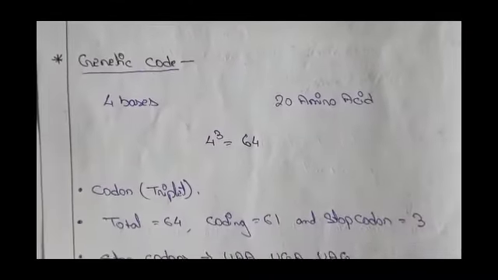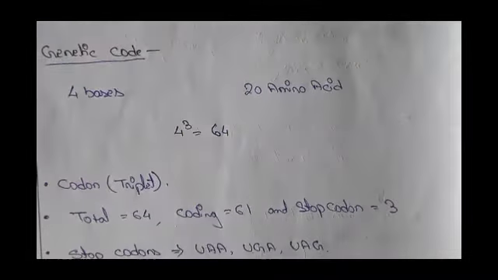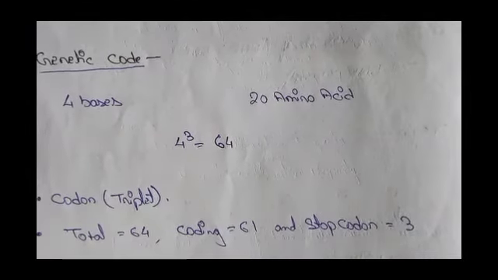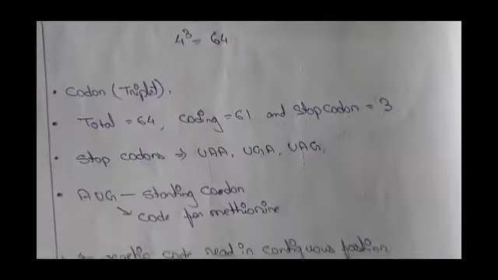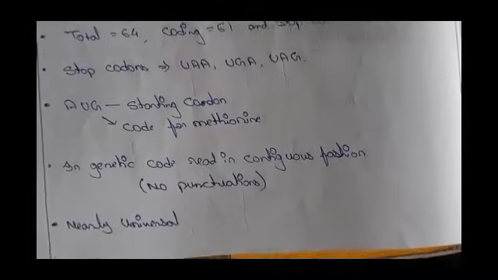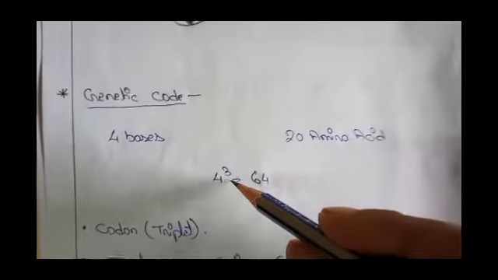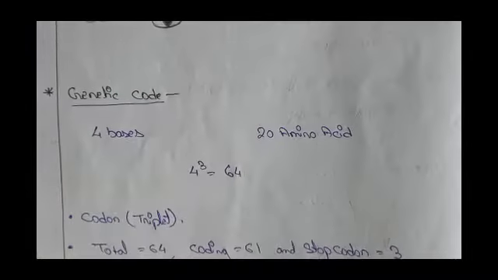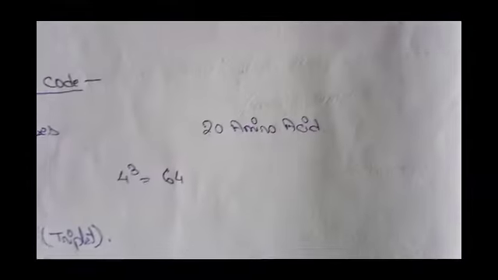so the next topic is genetic code. We all know that nitrogen bases are of 4 types: adenine, guanine, thymine and cytosine. There are 20 amino acids that are to be coded by the 4 nitrogen bases. Okay, so if we take 4 to the power 1, it will be 4, then it can't cover the 20.